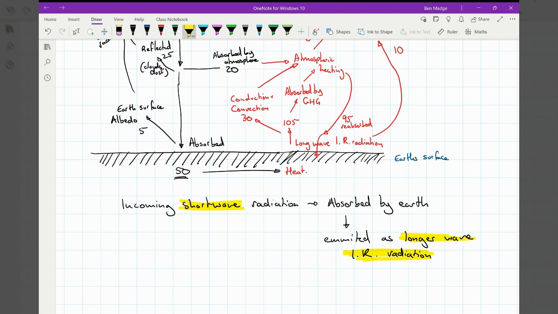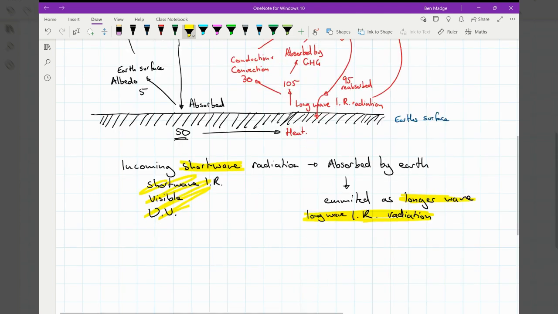So you have visible light, so short wave, infrared, so that's near visible, visible, and UV ultraviolet radiation coming in as short wave, and then we have our long wave infrared as our outgoing radiation, which is absorbed by the atmosphere and then reabsorbed by the Earth's surface or the atmosphere as well.